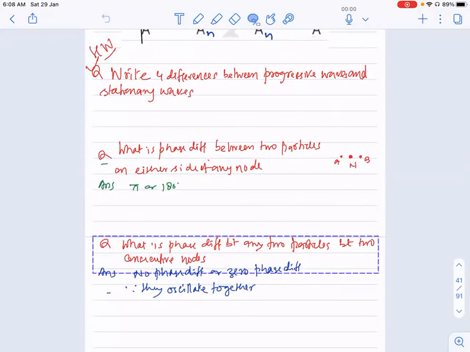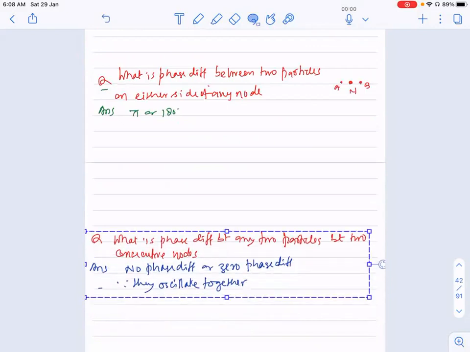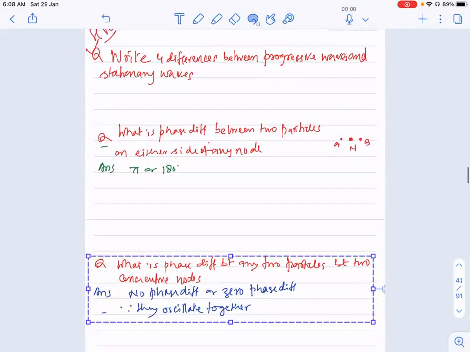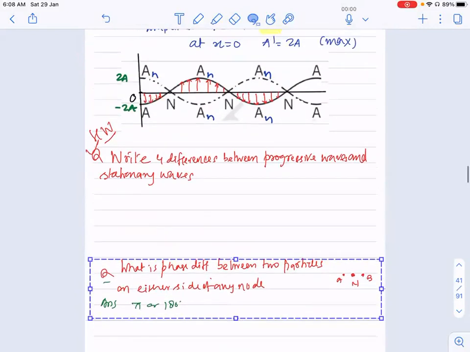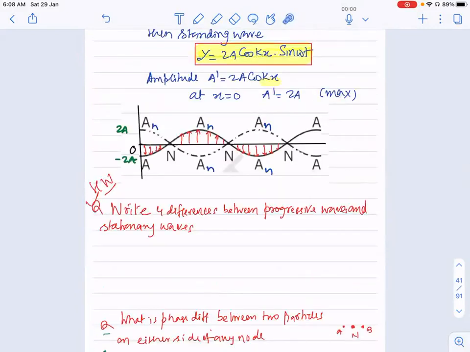Look, if we see 2 particles on either side of the node, this is the node and this is particle 1, this is particle 2. When this particle goes down, this particle will be going up. All the particles together will be crossing the mean position.